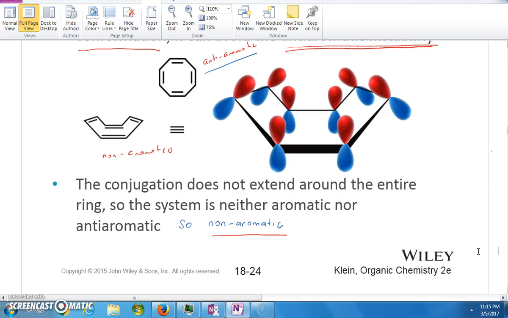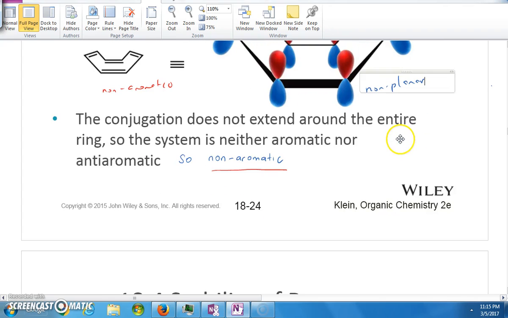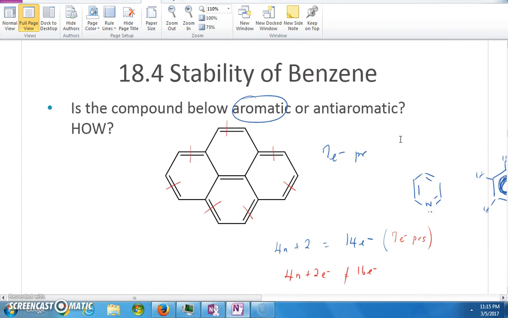Because it's now non-planar, the conjugation doesn't extend around the entire ring. So the system is neither aromatic nor anti-aromatic. And if you look at this molecule here, is the compound below aromatic or anti-aromatic? If you ignore this center, you can see it has 7 pi electron pairs. And because it has an odd number of electron pairs, it's considered to be aromatic.